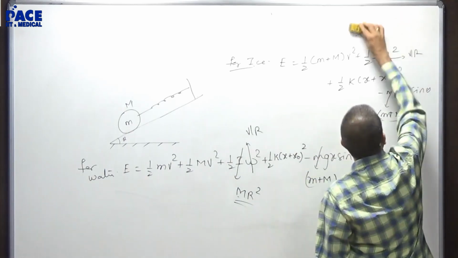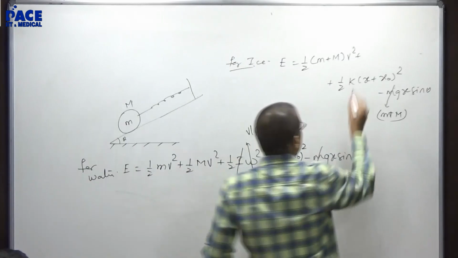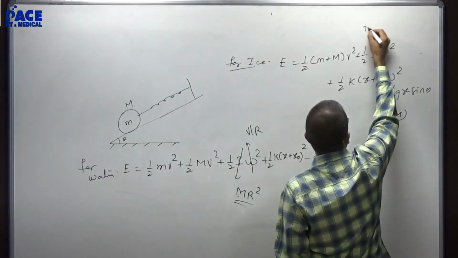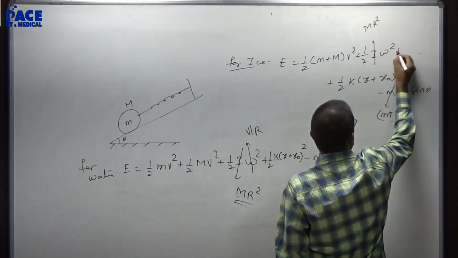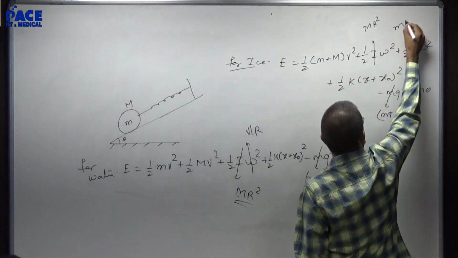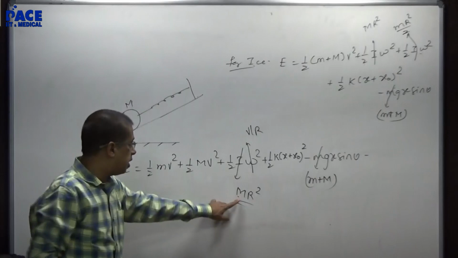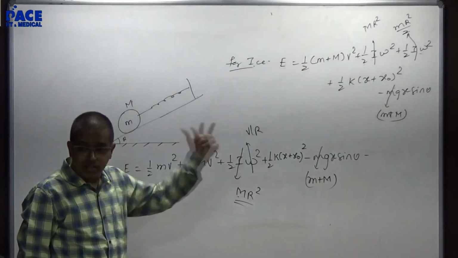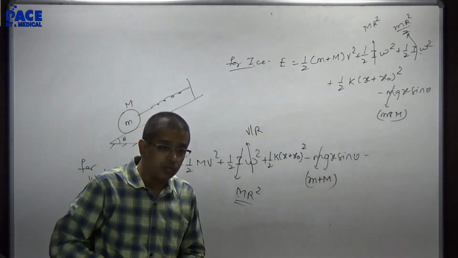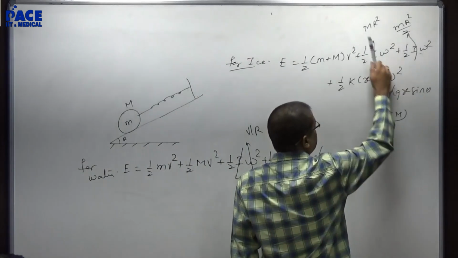Small change here. Write this separately and add them up because capital M. Half I omega square for the hollow cylinder is mr square plus half I omega square for the solid cylinder is small mr square by 2. Write the mr square of the hollow cylinder as it is, and add capital I small mr square by 2 for the solid cylinder. So when the ice is converted to a solid cylinder, this will be the value.